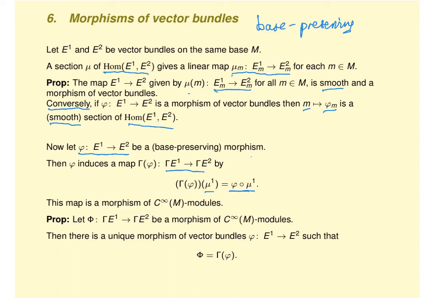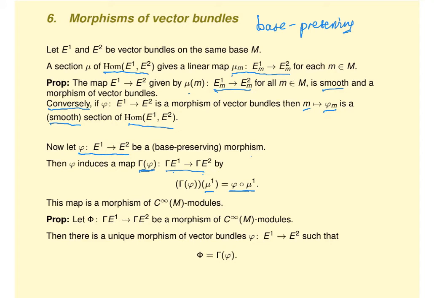Beg your pardon. I get a map from the sections of E1 to the sections of E2. And when we're being careful, we'll denote that by gamma of phi. But in fact, most of the time, most people drop the gamma and just use phi for the map on the level of sections as well as for the actual map of the vector bundles. This can be confusing, but it's a convenient notation.